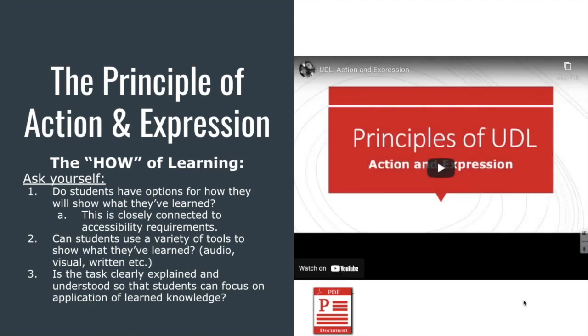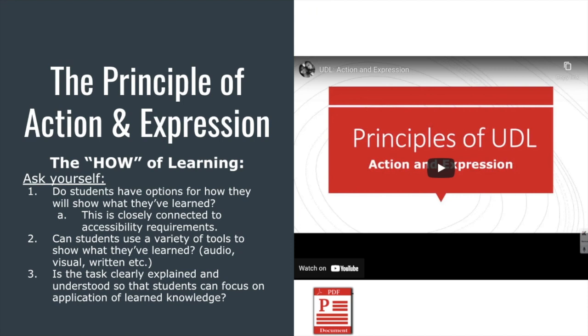The principle of action and expression refers to the how of learning. Teachers would want to ask themselves whether or not students have options to show how they've learned. This essentially is very closely connected to accessibility requirements. You should also ask yourself if students can use a variety of tools to show what they've learned.